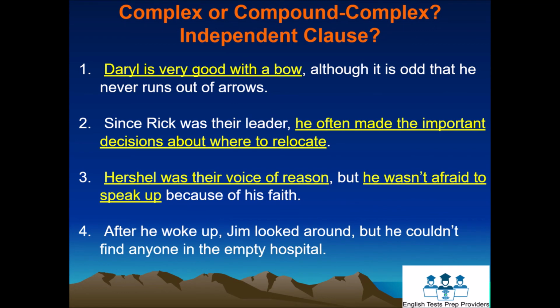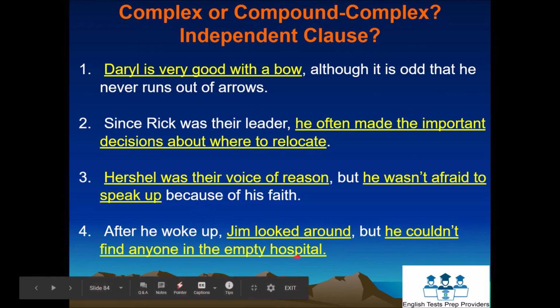Lastly, after he woke up, Jim looked around, but he couldn't find anyone in the empty hospital. Okay, Jim looked around is a complete sentence. He couldn't find anyone in the empty hospital is also a complete sentence. And they are joined by the coordinator but.